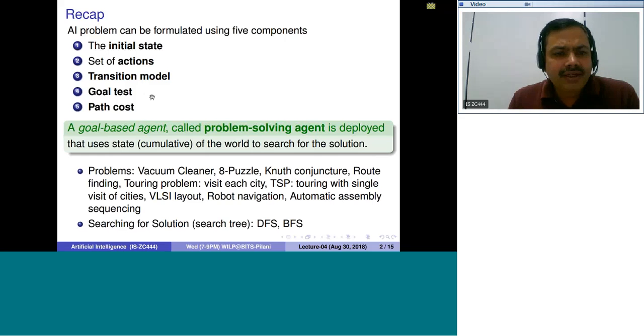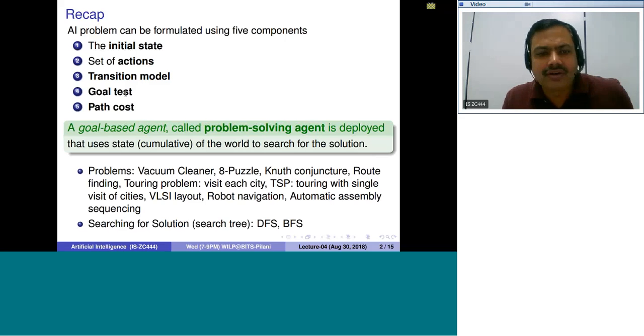Then you would have a special function called the goal test, which tells whether a particular state is a goal state or not. So whenever you take a transition, you test whether that state is the goal or not. If you are in the goal state, you are done.